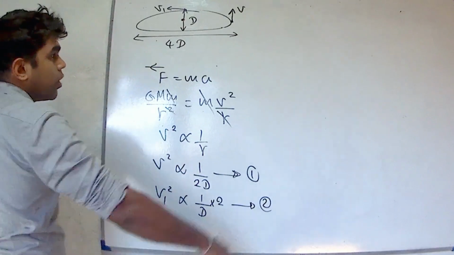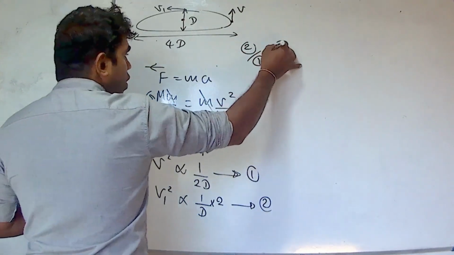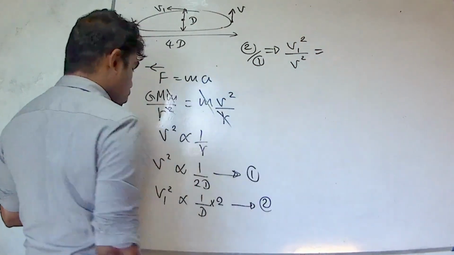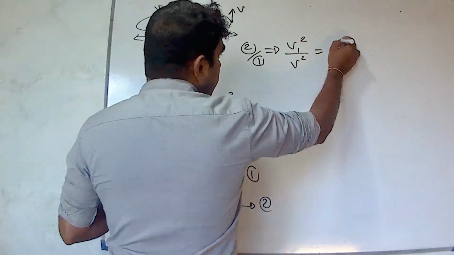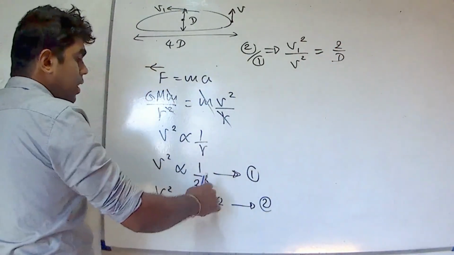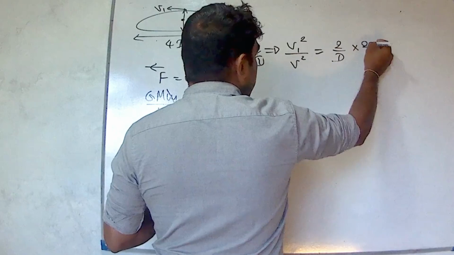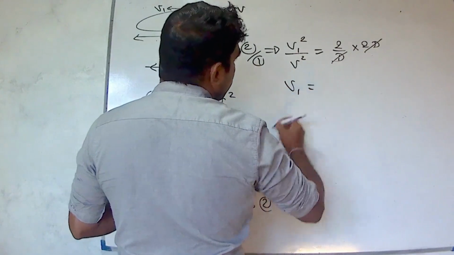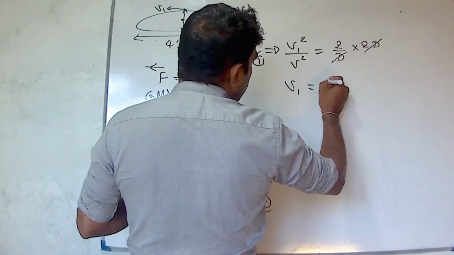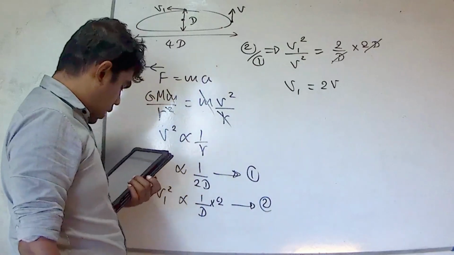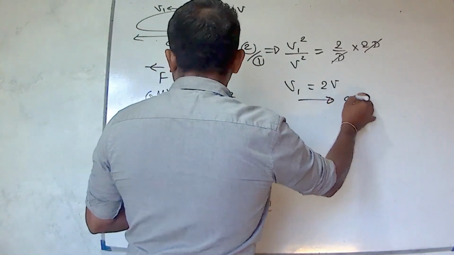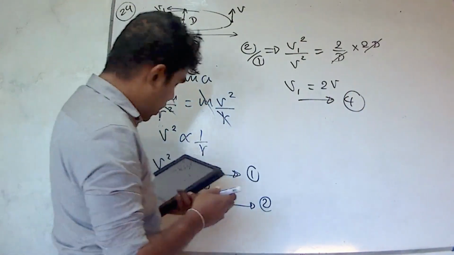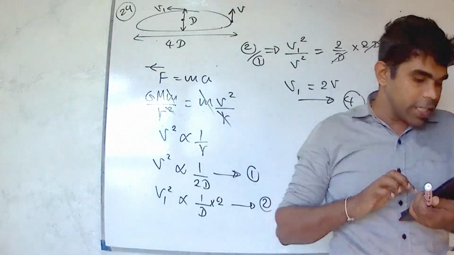We can divide both equations, the second equation by the first equation. v1 squared divided by v squared equals 2 over D, divided by this value, multiplied by the reciprocal, 2D. Then we can solve for v1. v1 should be equal to 2v. The answer should be 4 for question number 29 according to my diagram. But they have not given correct distances.